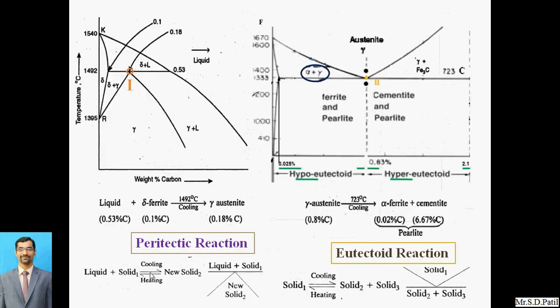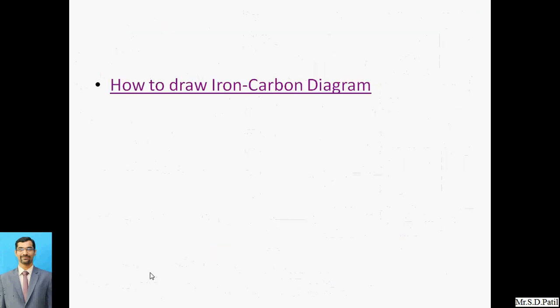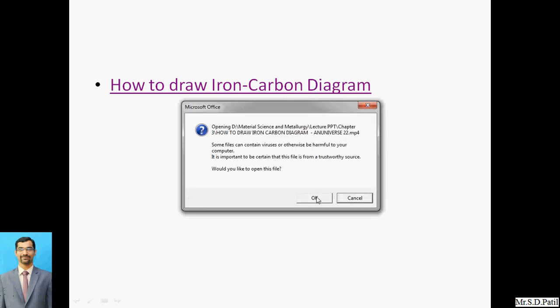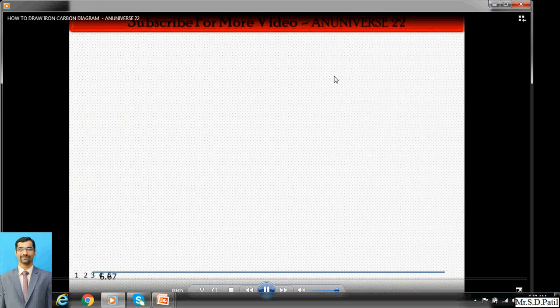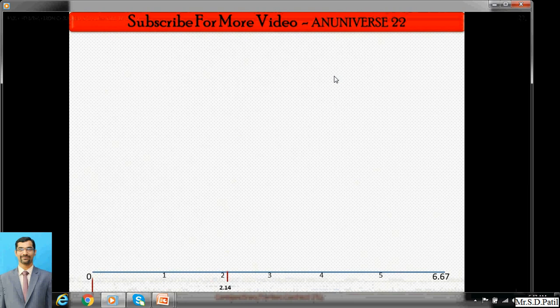So just remember, we will take the overview. Again, we will see how to draw the Fe3C diagram. You just try to understand how the drawing will start and what the plotting points are. That overview of the diagram we have taken in the last lecture itself. At the bottom is the percentage of carbon that has been plotted.